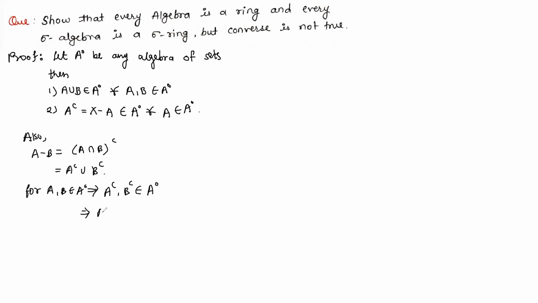So again by the definition we have that A complement union B complement also belongs to this algebra. So therefore A minus B belongs to this algebra. Now here are the two conditions for a ring, that is, A union B belongs to the algebra for A, B belonging to the algebra, and the second, A minus B belongs to the algebra for A, B belonging to the algebra. Both these conditions have been proved. So therefore this algebra is a ring by definition.